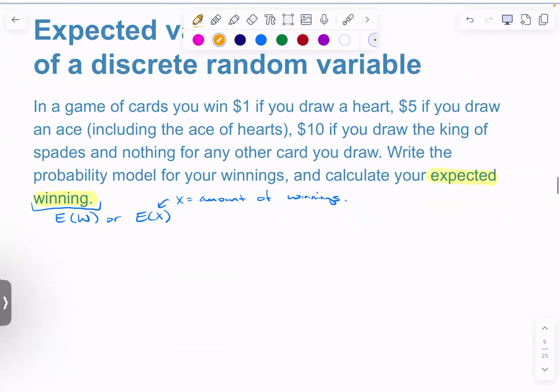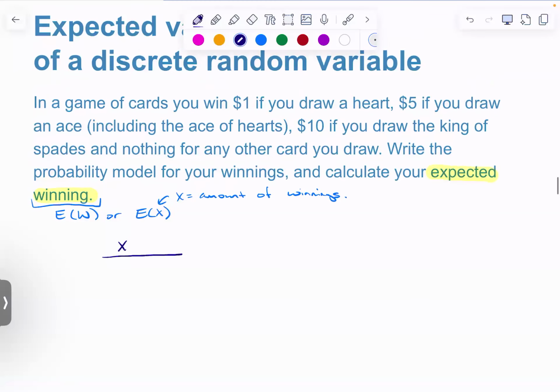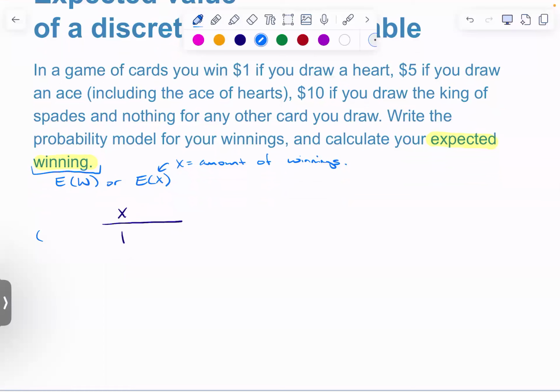But what you want to start with is X, all the possible winnings. Could be 1. And let's just make a note. You don't have to, but it does make it easier when we have to find the probabilities later. So here, this is if you draw a heart card.